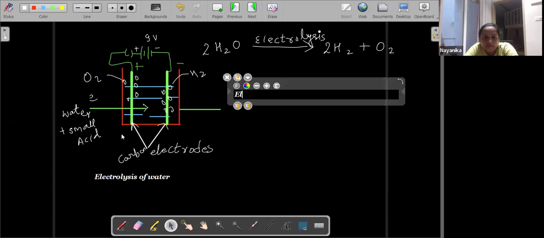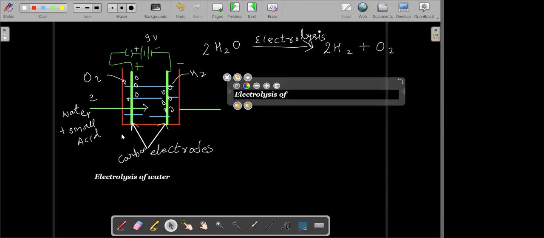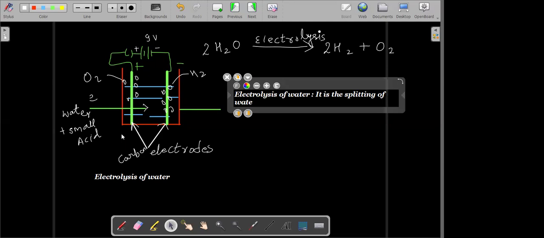So here, electrolysis of water is the splitting of water to give hydrogen and oxygen by passing electric current.